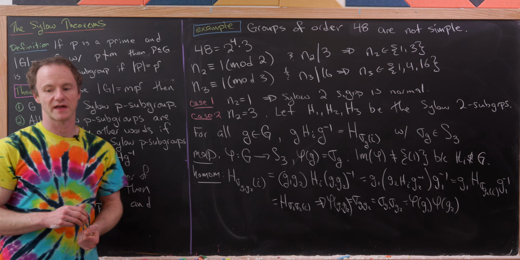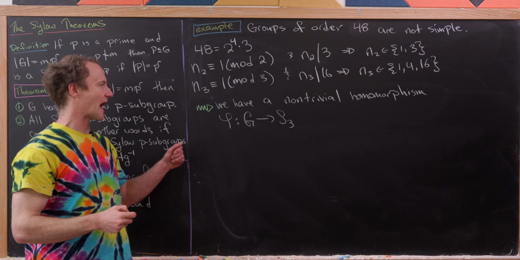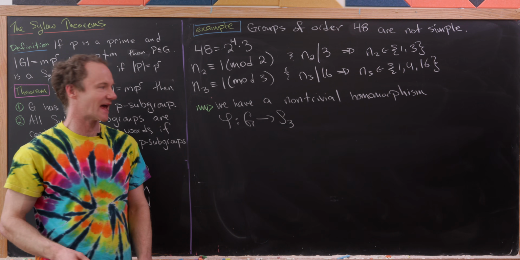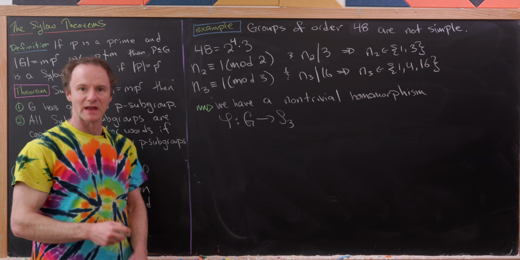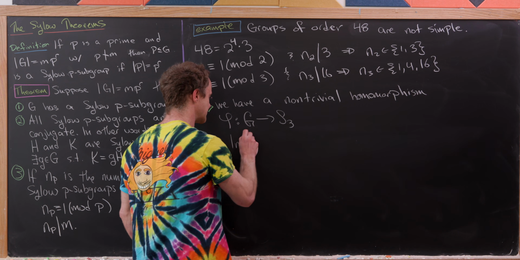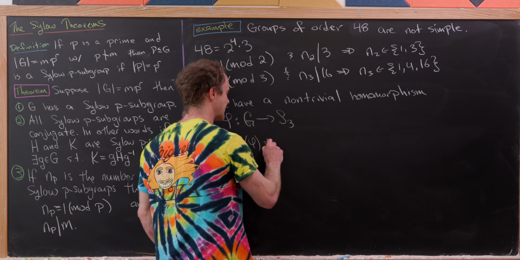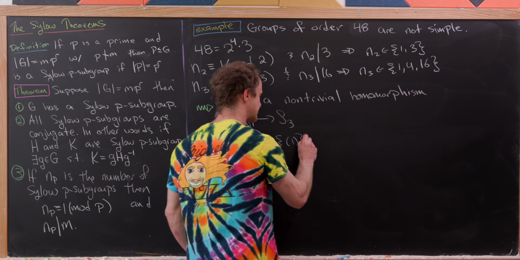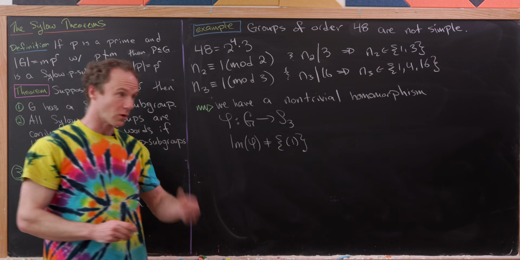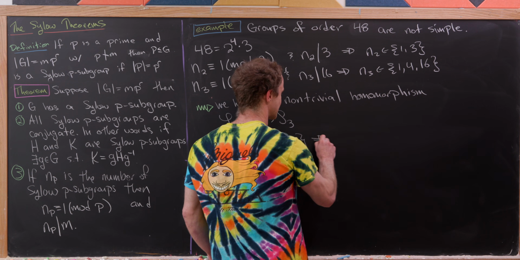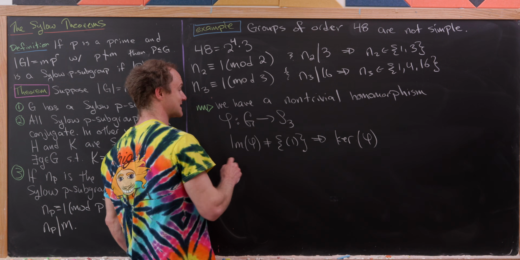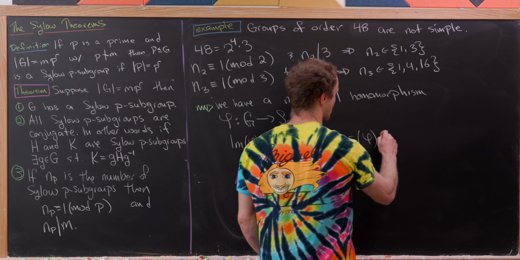Let's see what we can do with that. So we just argued how we created a non-trivial homomorphism from G to S3. Now let's notice a couple of things. So non-trivial means that the image of phi is more than just the identity. But the image of phi being more than the identity tells us that the kernel of phi is going to be less than the entire group.